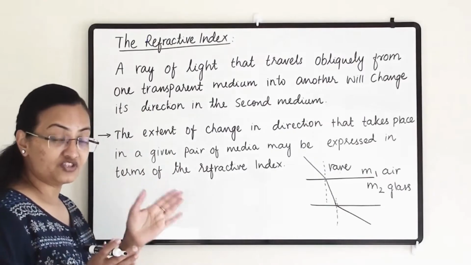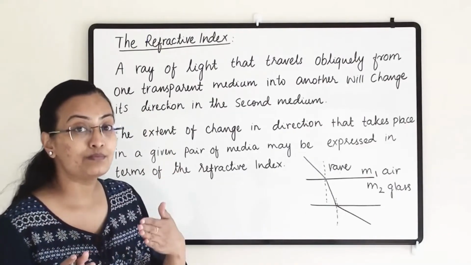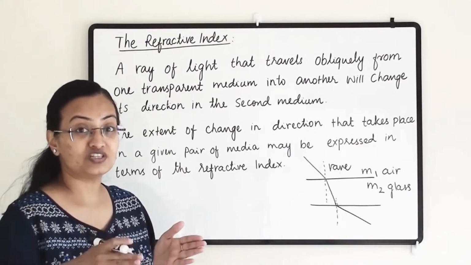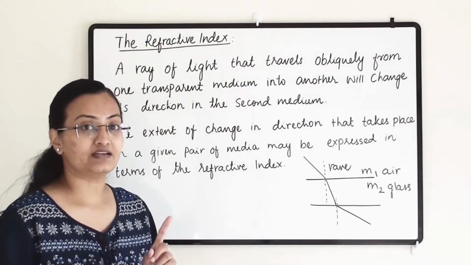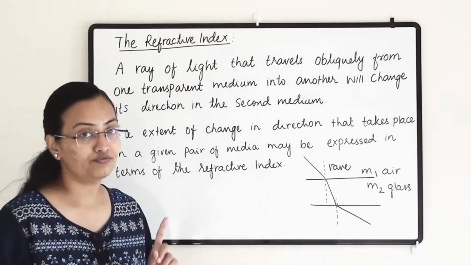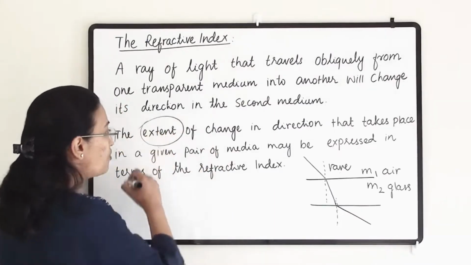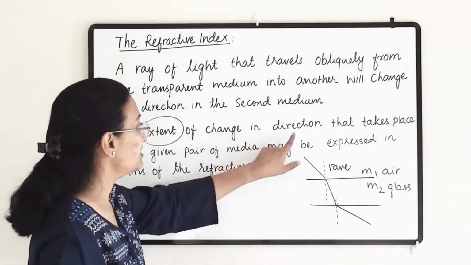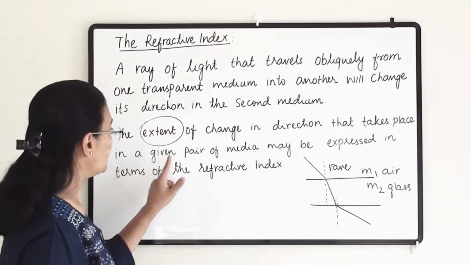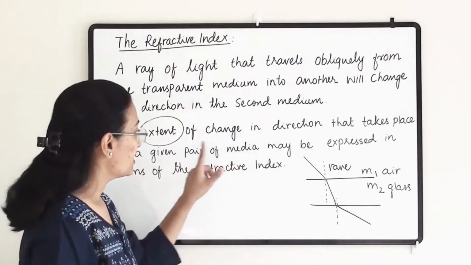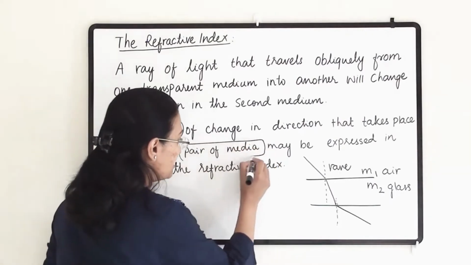So whenever we are checking how much it has bent or how much it is going to bend, that we can measure through the refractive index. The extent of change in the direction that takes place in a given pair of media, it is always a pair of media.